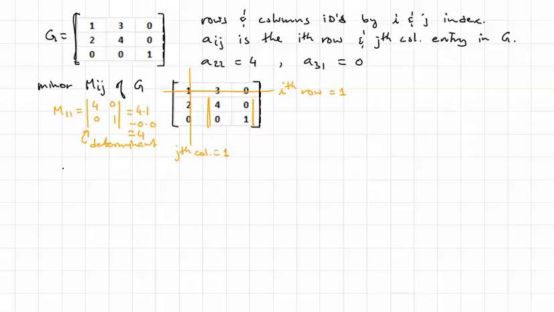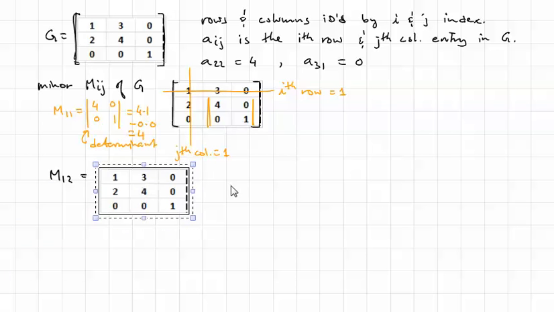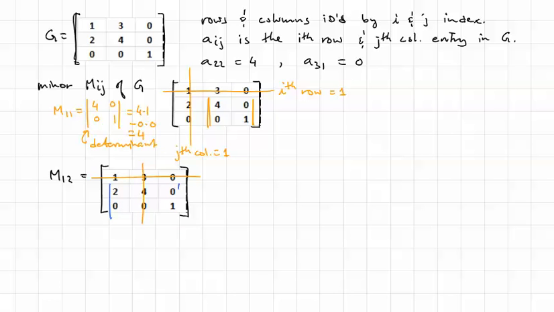So let's try another one. Let's try M1,2. Now in this case, we'll cross out the first row, but the second column. And so we're left with 2, 0, 0, 1. And so that's going to be 2 times 1 minus 0 times 0, or in other words, 2.